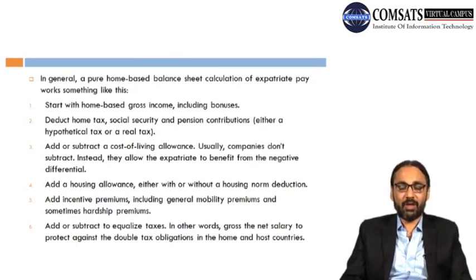Add a housing allowance either with or without a housing norm deduction. Add incentive premiums including a general mobility premium and sometimes a hardship premium. And the last thing is to add or subtract the equalized taxes, in other words gross up the net salary, in order to protect against double taxation in the home and host country, so that the person is taxed only on the net salary.